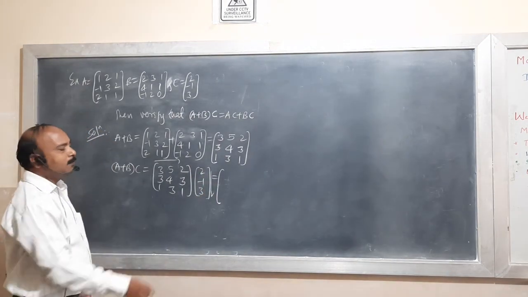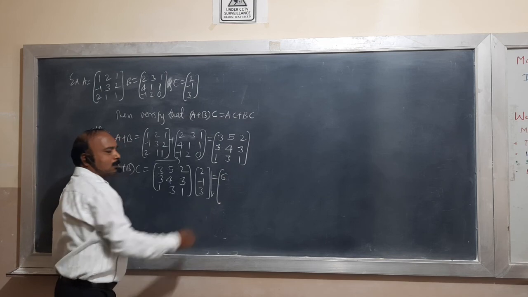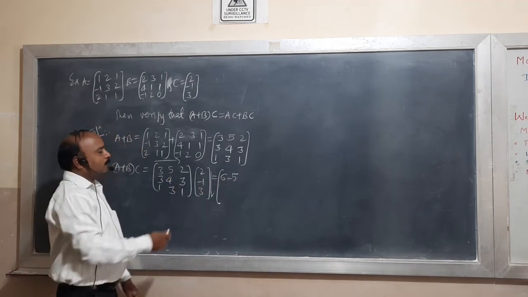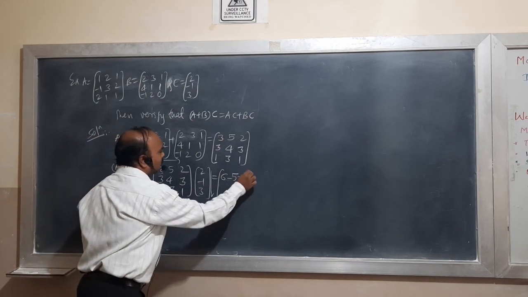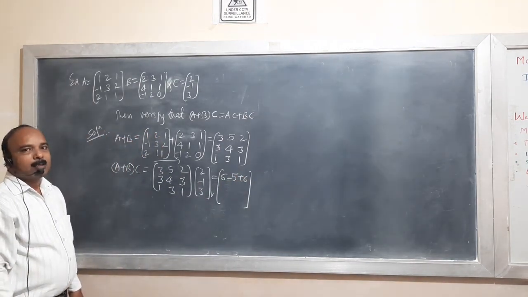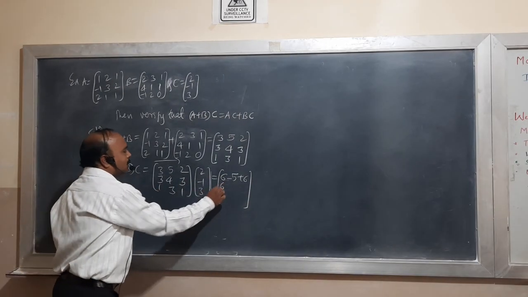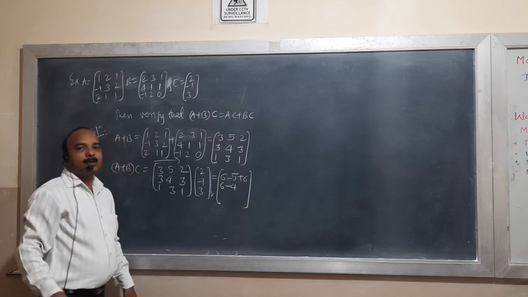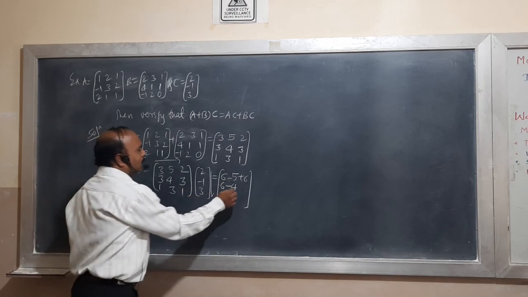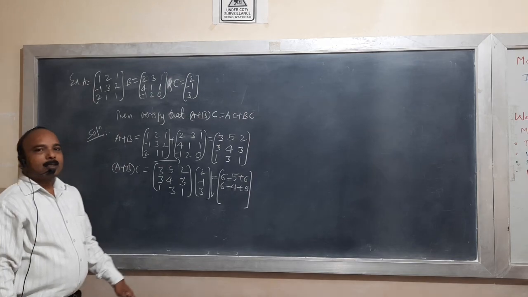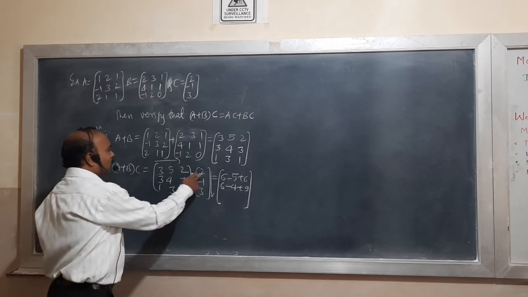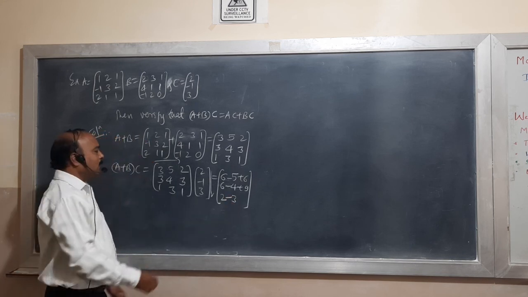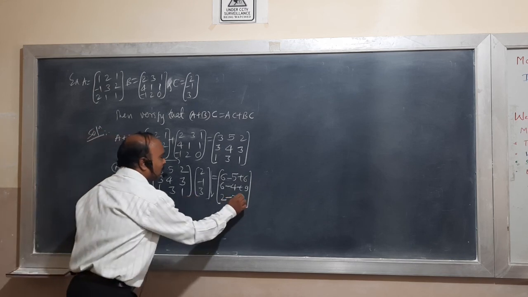First row with column, 3 into 2, 6, 5 into minus 1, minus 5, plus 2 into 3 is 6. Second row with this column, 3 into 2 is 6, plus 4 into minus 1 is minus 4, plus 3 into 3 is 9. Third row in this column, 1 into 2 is 2, plus 3 into minus 1 is minus 3, plus 1 into 3 is 3.